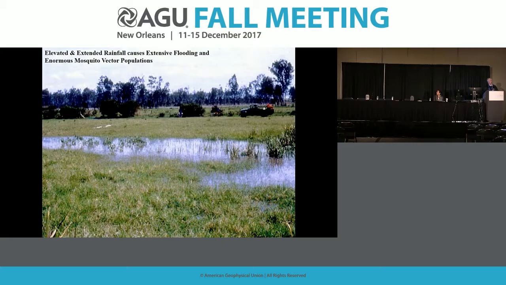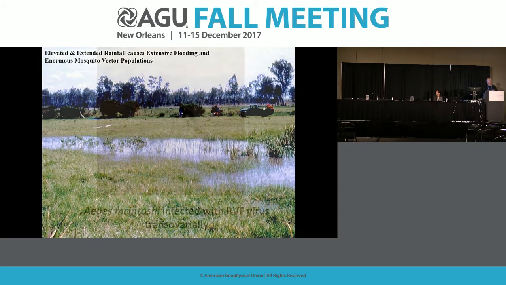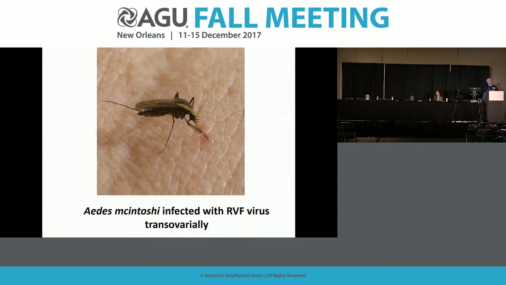But what happens when it rains is areas flood, like as shown in this picture. This happens to be in East Africa. And when that floods, eggs of mosquitoes that are laid in the soil and have been there dormant hatch. And mosquitoes like the one shown in this picture come out, and they're already infected with the virus. So they start an outbreak.